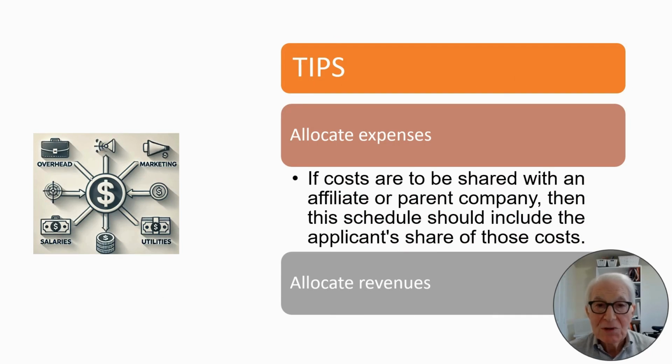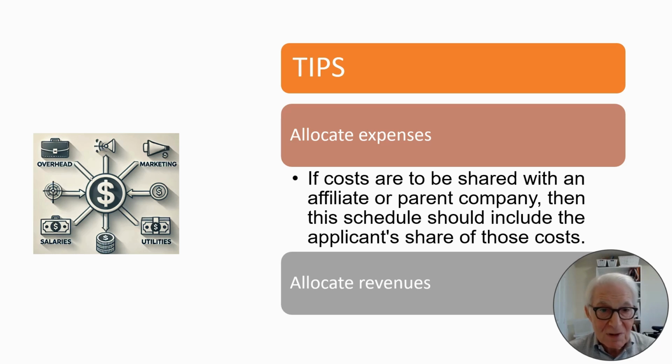In the previous section we covered revenue. It's equally important to allocate expenses. I have inserted the instructions right here in black and white, which basically say allocate your expenses right here. So you have to allocate your expenses. Some key items to allocate would be your administrative costs, salaries and payrolls.